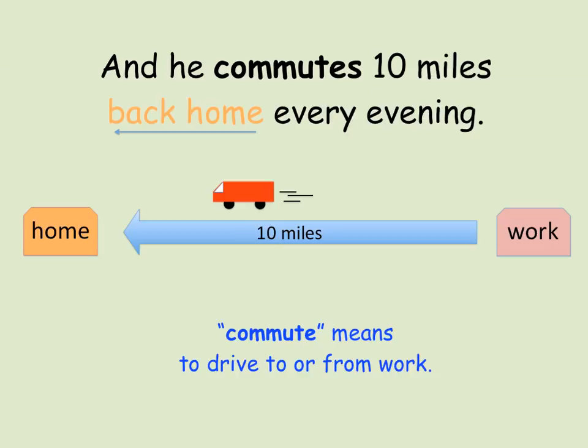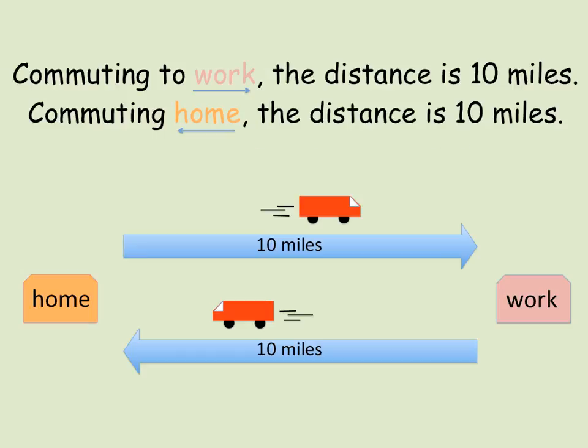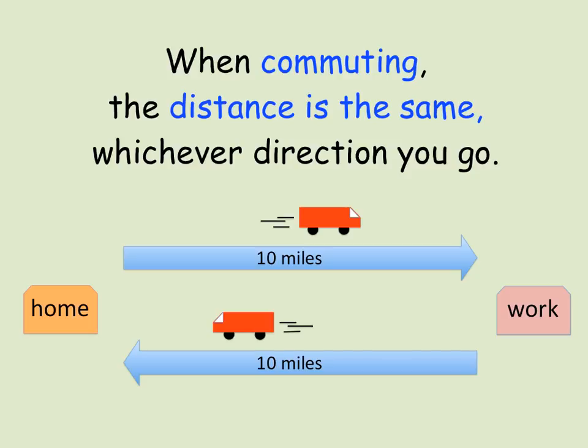And he commutes 10 miles back home every evening. Commuting to work, the distance is 10 miles. Commuting home, the distance is also 10 miles. When commuting, the distance is the same, whichever direction you go.